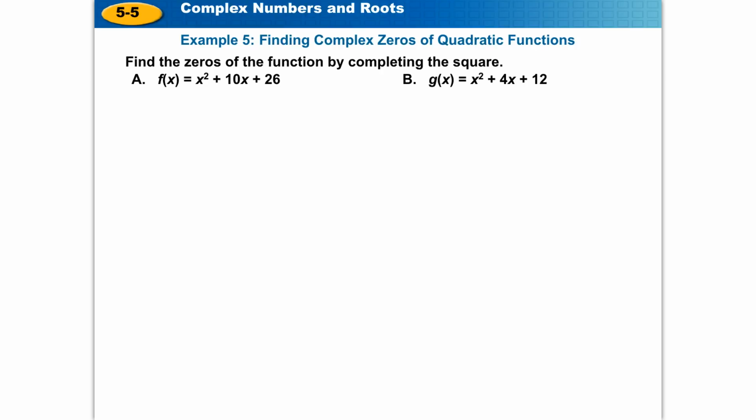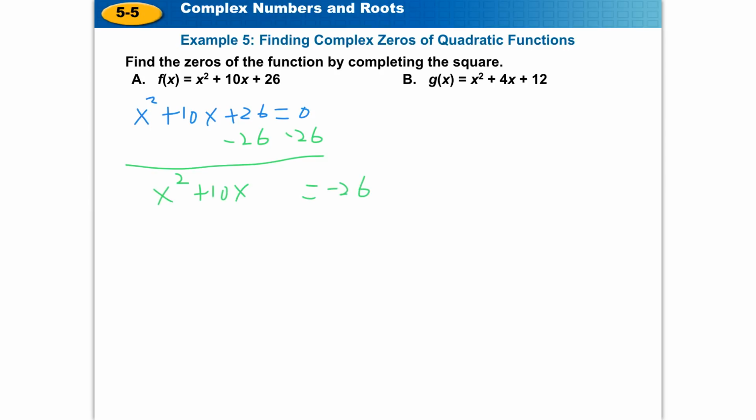Alright, so we want to set this equal to 0. X squared plus 10x plus 26 equals 0. Now we want to get rid of the c term. So I left a little bit of space right there so we can do half of the middle term squared. So we're going to do plus half of the middle term squared.